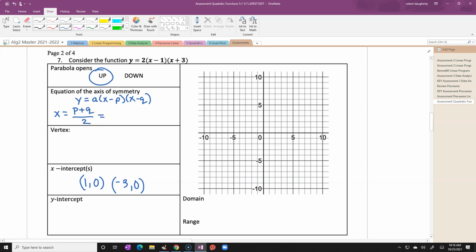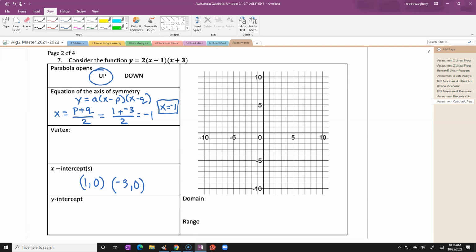So in this case, this is going to be 1 plus negative 3 over 2, which is negative 1. So it's x equals negative 1. There is no other way to write that. That's the equation of the axis of symmetry, x equals -1.